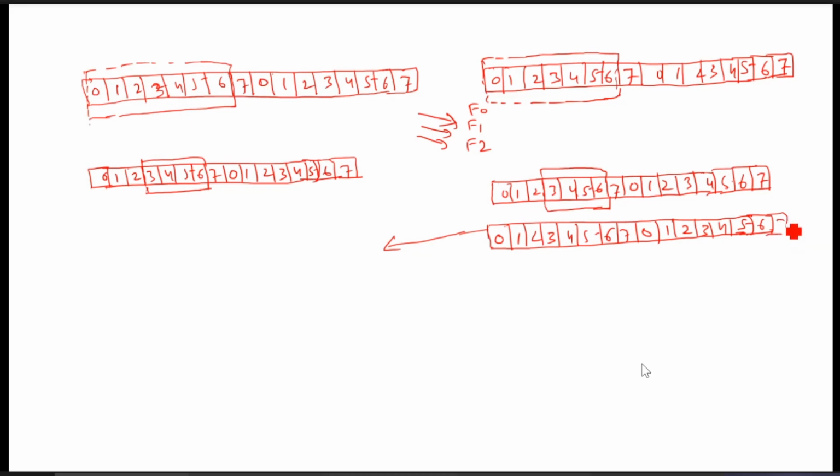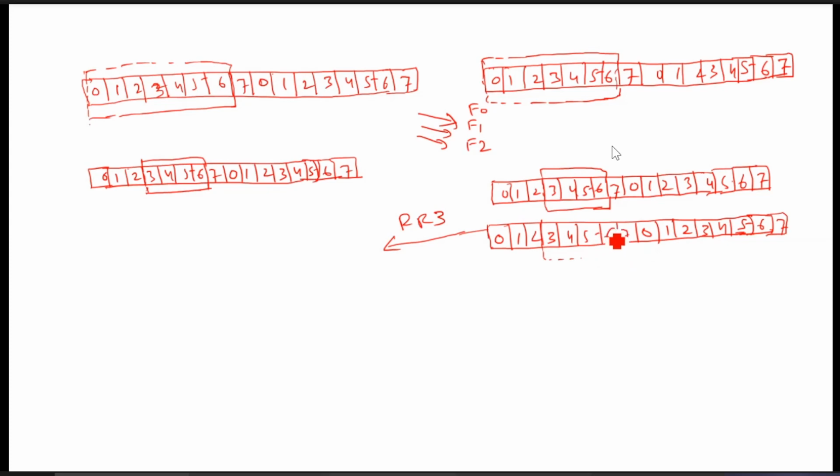So you see it is 3 to 6 now. It will be RR3.